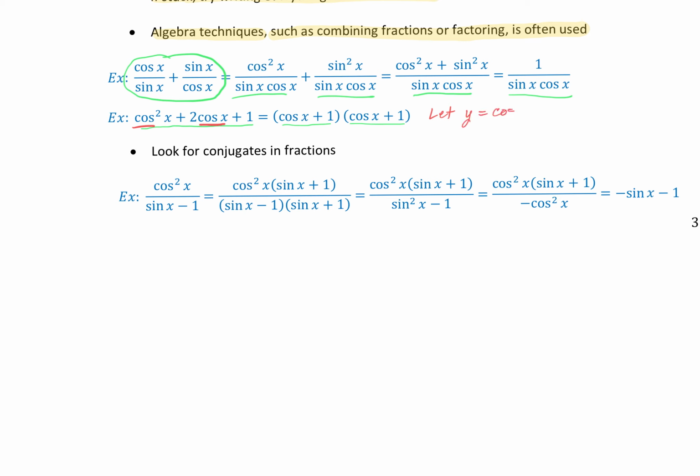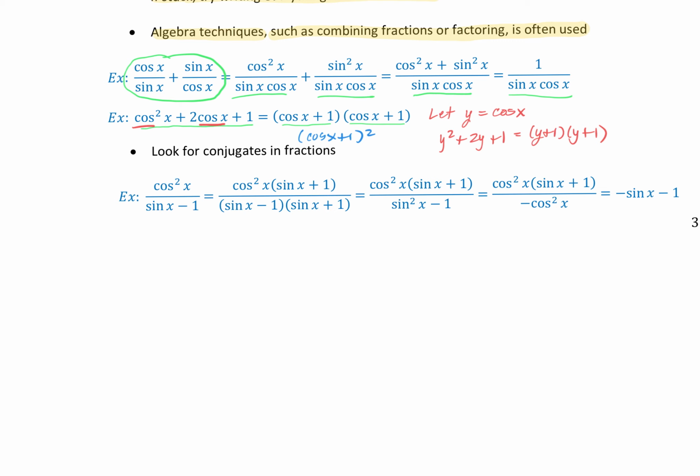Let y equal cosine of x. And then we can rewrite this as cosine squared of x becomes y squared, plus 2 cosine becomes 2y, plus 1. And that might be easier to see that it would be y plus 1, y plus 1. So once it's factored, then you can replace the y with cosine of x to get cosine of x plus 1, cosine of x plus 1, or in other words, cosine of x plus 1 squared.